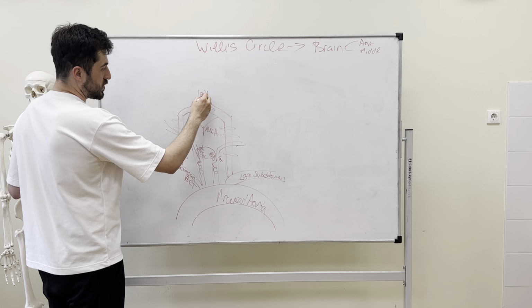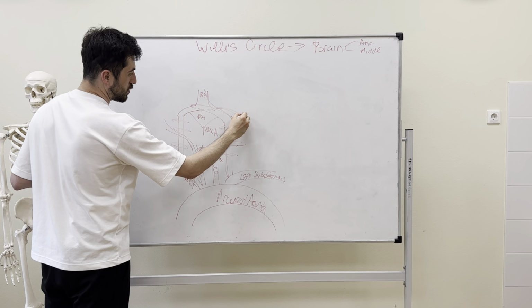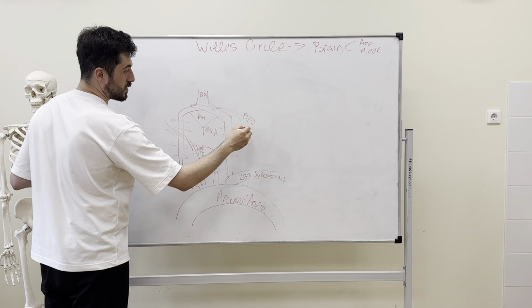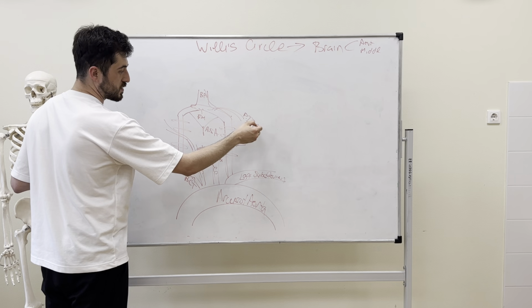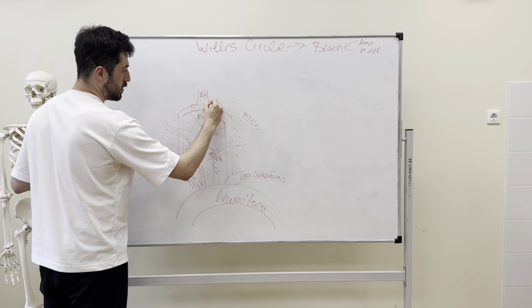Then the first branch of the basilar artery will be which one? Posterior inferior cerebellar. It's not cerebral, it's cerebellar artery. Posterior inferior cerebellar. The next one will be which artery?